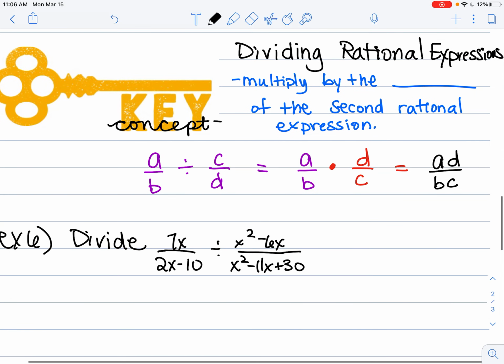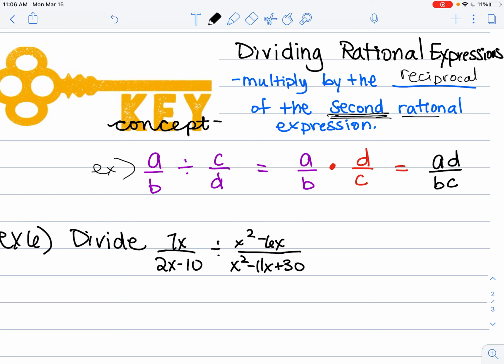So when we're dividing rational expressions, we're going to multiply by the, hopefully you remember, reciprocal. Remember, a reciprocal is when we flip the numerator and denominator and they become the other. So for example, we're going to multiply by the reciprocal of the second rational expression. So we keep the first fraction, change the division to multiplication, and do the reciprocal of the second one.